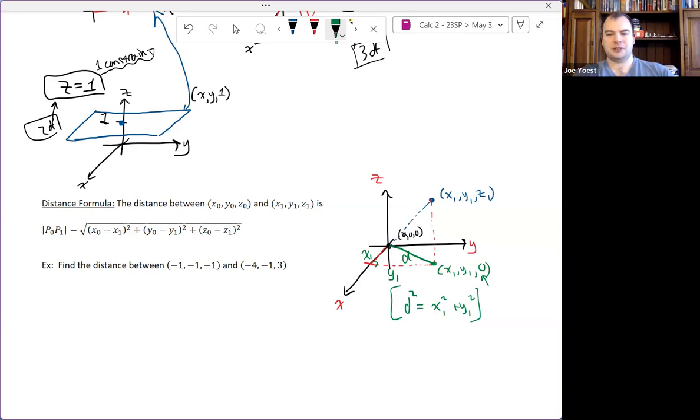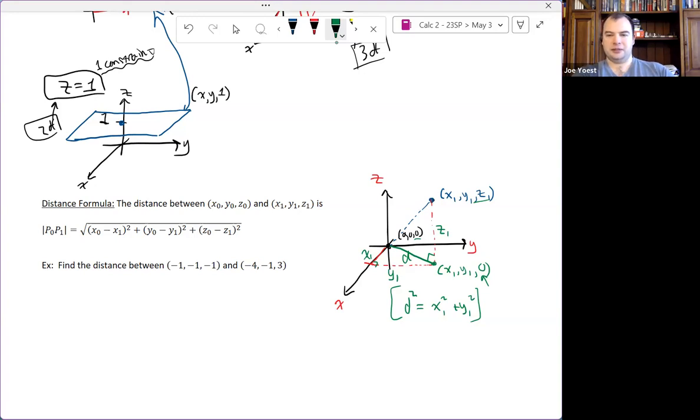But then from this xy plane, I again make a 90-degree turn and go up in the z direction. So this distance that I go up is z1 minus 0, or z1. So now I have 2 sides with lengths d and z1.